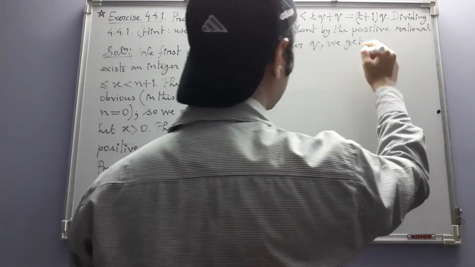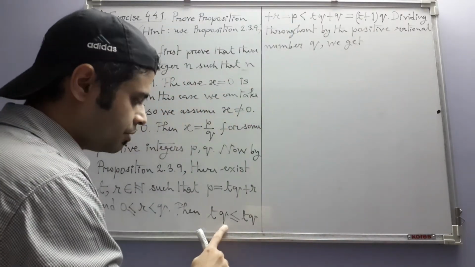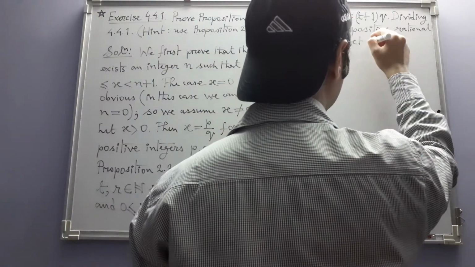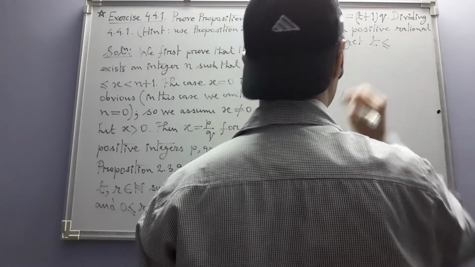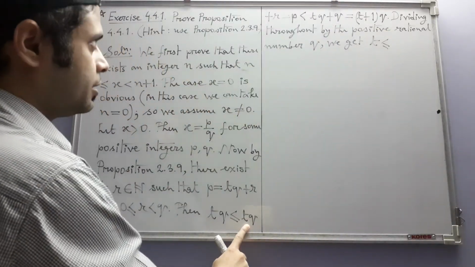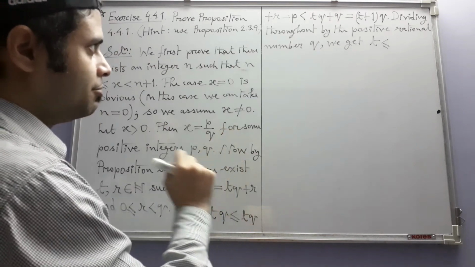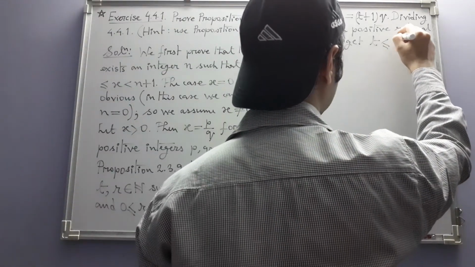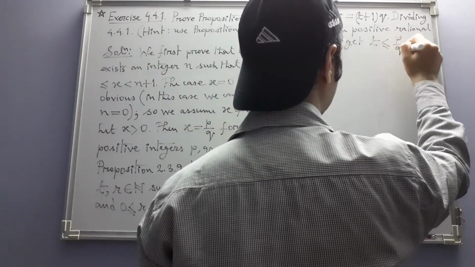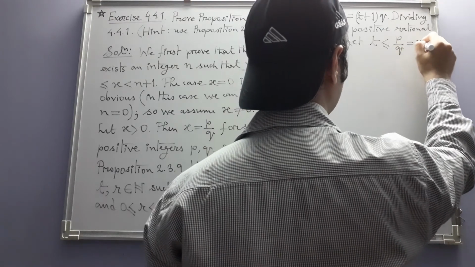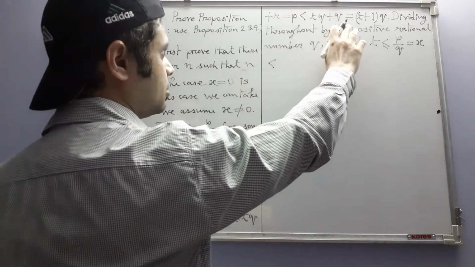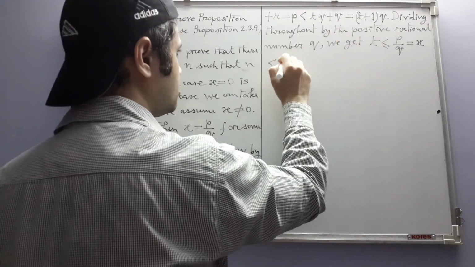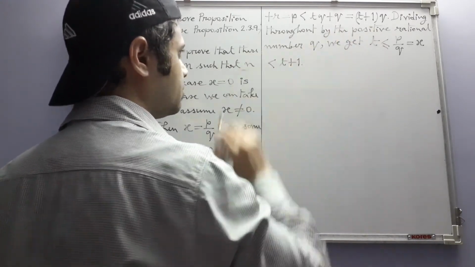First, if you divide this one by q, then you get t less than or equal to tq divided by q, meaning p divided by q. So that is equal to x, and that is less than this divided by q, which is t plus 1.